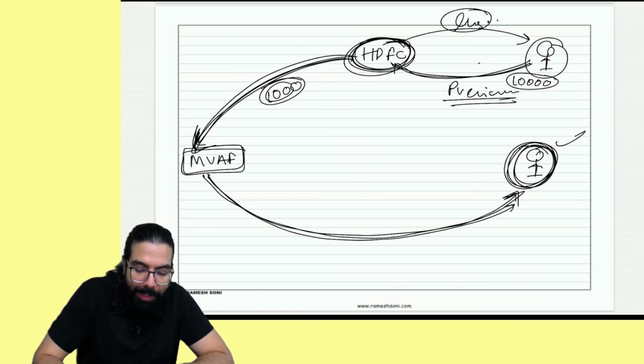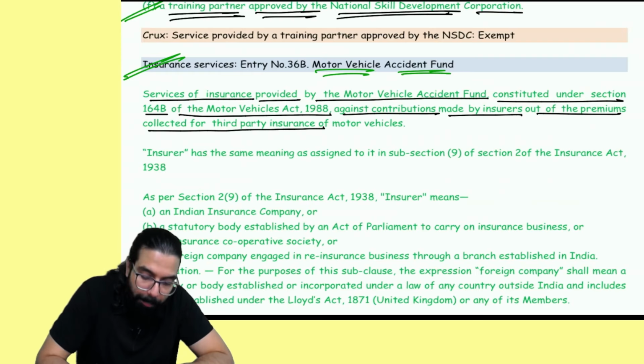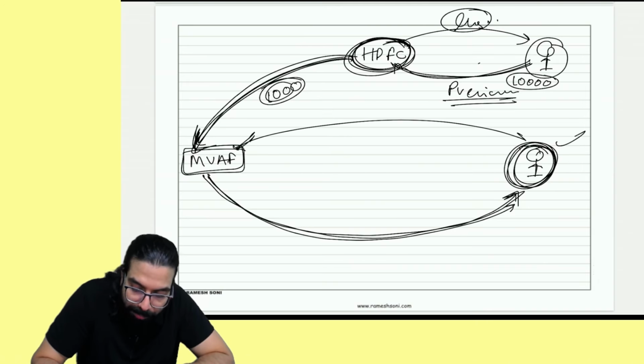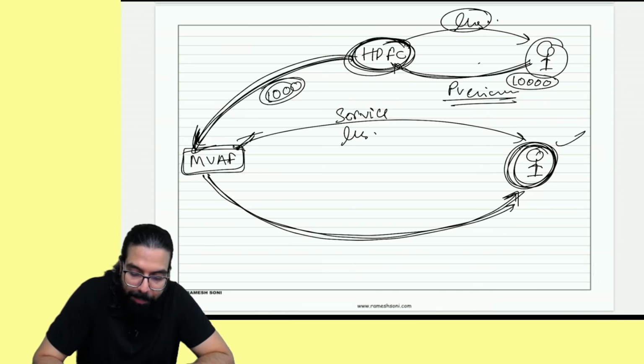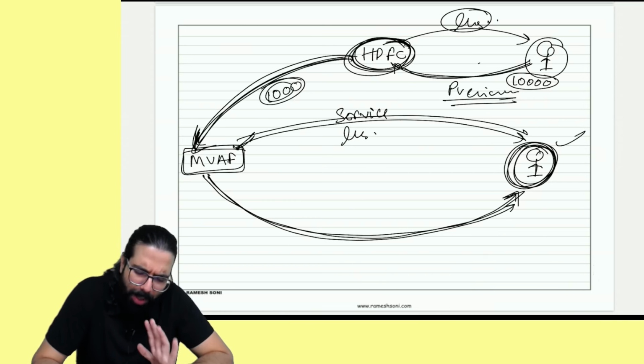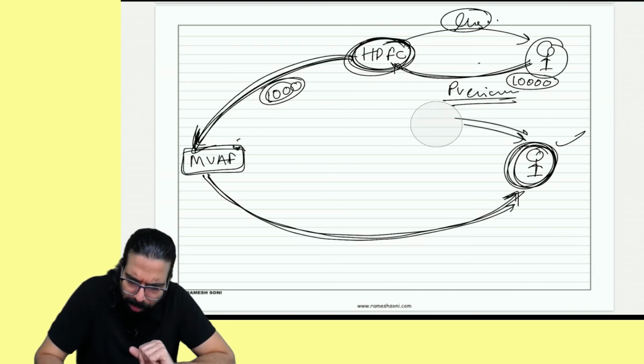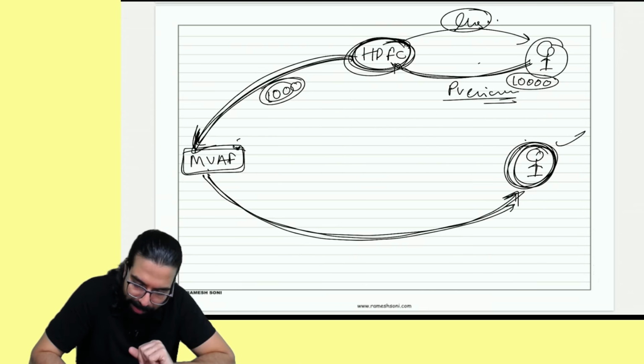So what they are telling, any service which is being provided, services of insurance provided by whom? The motor vehicle accident fund, whatever services they are providing, services of insurance, basically they are providing services over here. So government is telling over here, this motor vehicle fund is not providing a service, it is going in and paying him money.